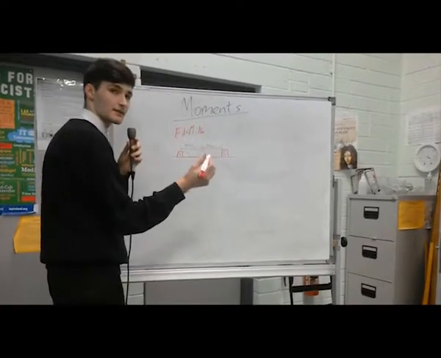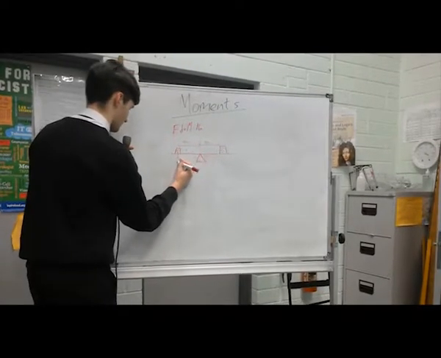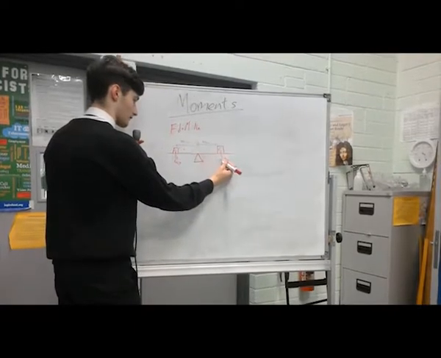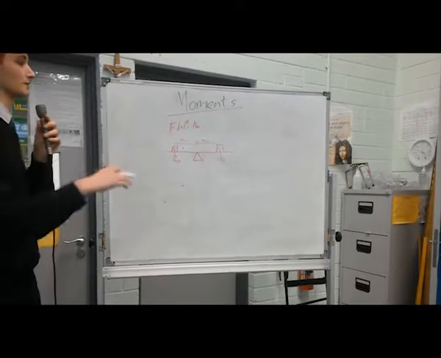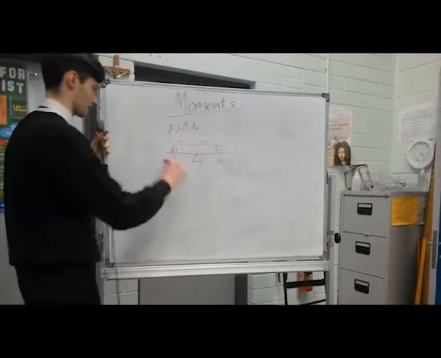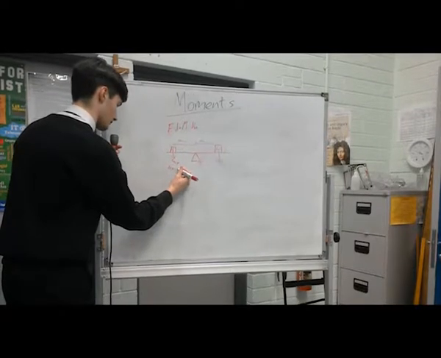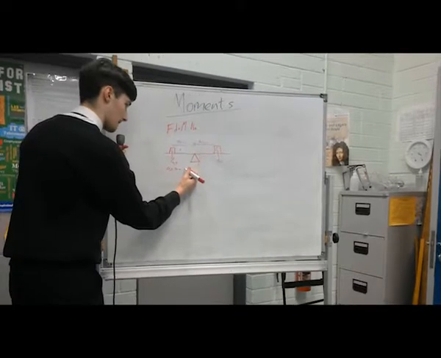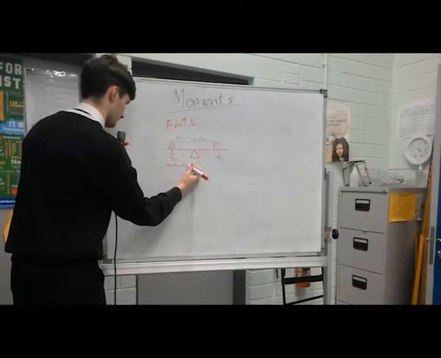So if we want to calculate the forces, first we have to find the actual force going down. So in this case, it's 4g, and in this case, it's 5g. So now we have to figure out, are these two equal, and if this system is in balance. So it's very simple. So we'll do 4g by 50, and 5g by 40.